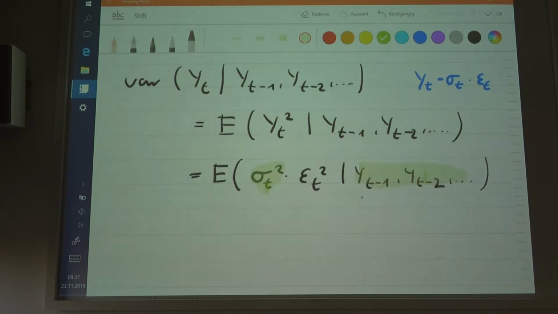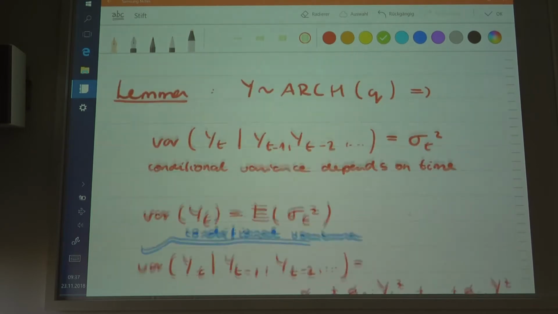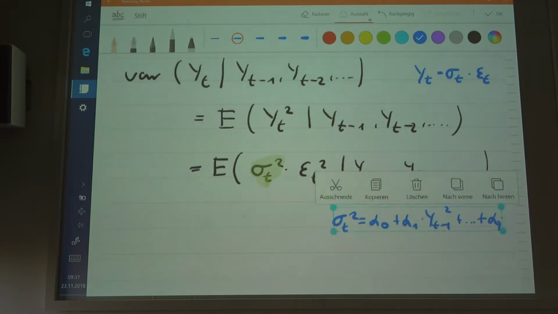If you have the previous observations, because this is what you have in the equation of the process, let me summarize it here: sigma squared was equal to alpha 0 plus alpha 1 times yt minus 1 squared plus etc. plus alpha q times yt minus q squared.